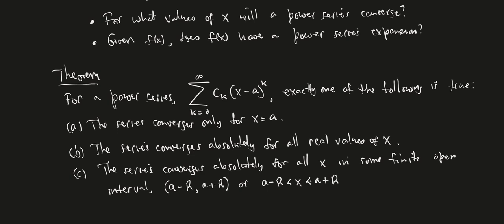And it diverges outside of this interval. So it diverges if x is less than a minus R or x is greater than a plus R. Now, what happens at the endpoints?